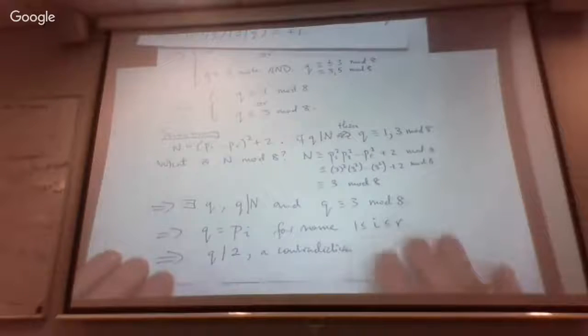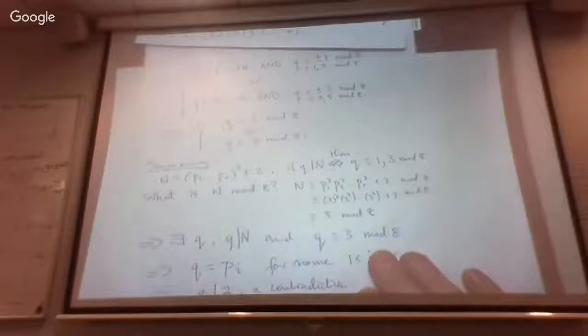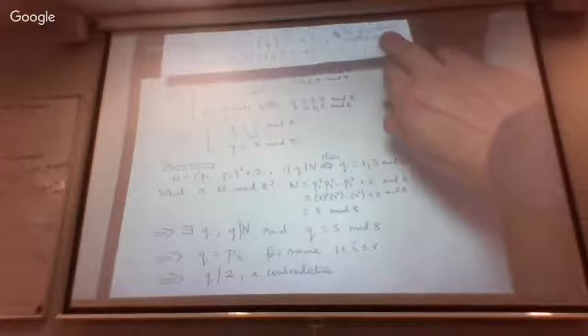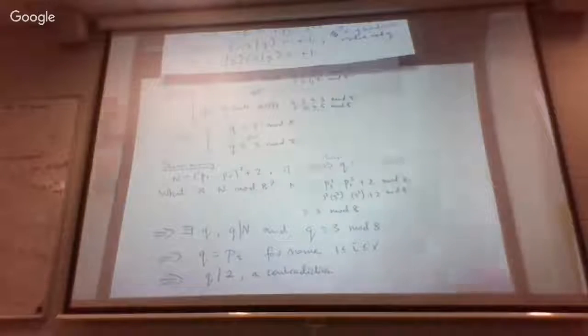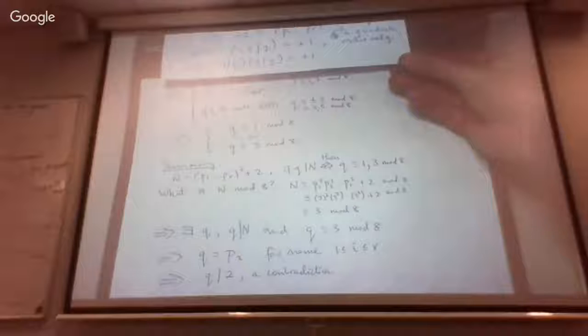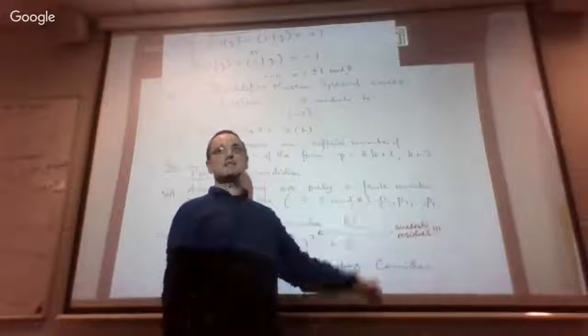So this contradiction we've apparently discovered. If you do ever discover a contradiction, better run and hide, because everything's going to end. But so what went wrong? What went wrong is our very, very first statement. We assumed there was only a finite number of these things. That's what produced the contradiction.